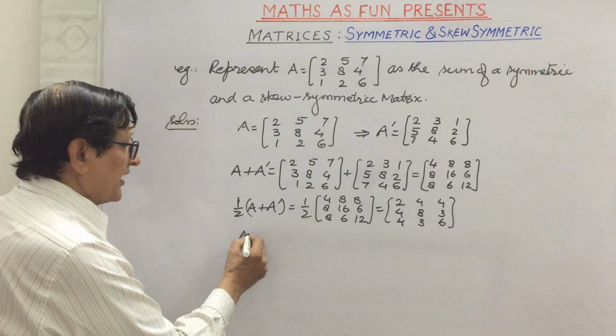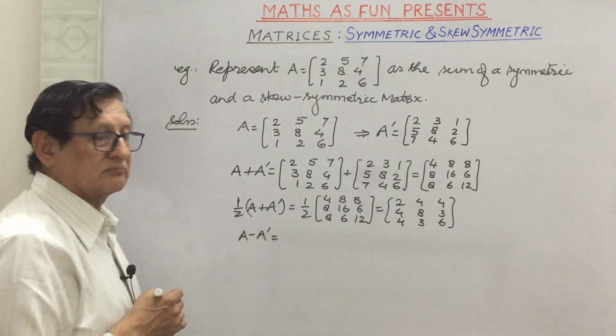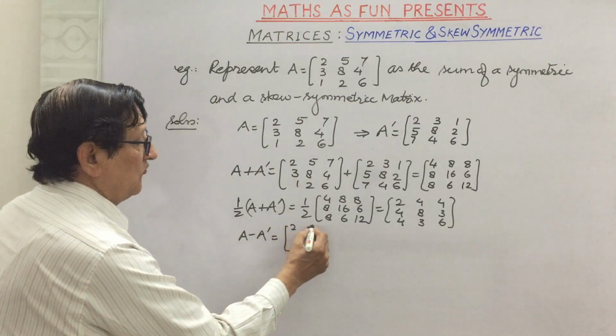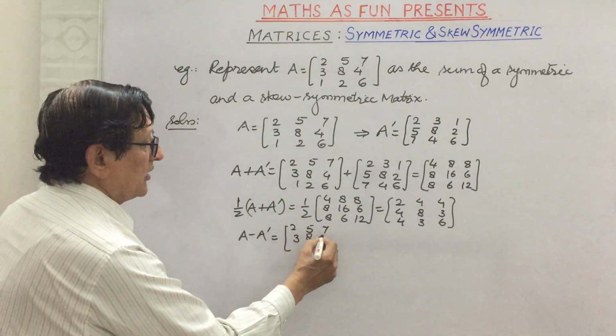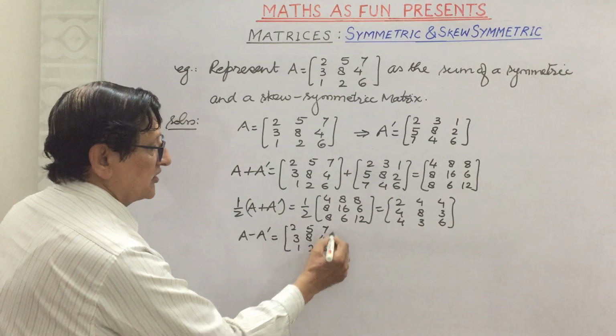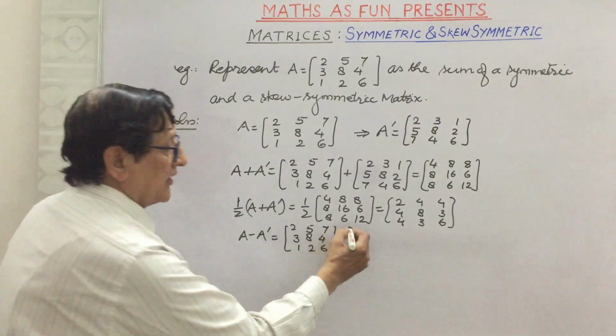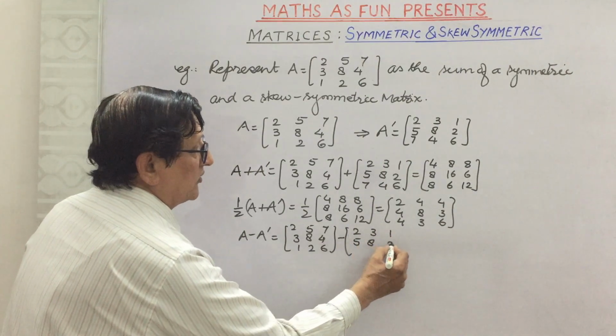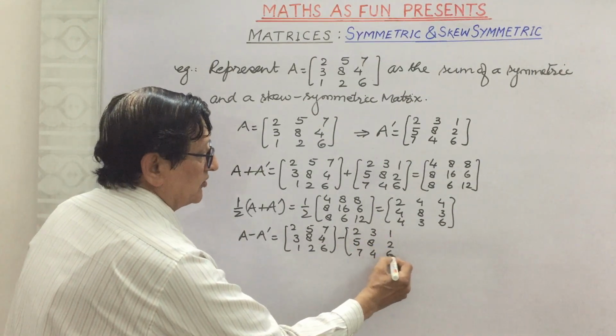Similarly, we now find A minus A dash, subtracting this. That is A, 2, 5, 7, 3, 8, 4, 1, 2, 6 minus A dash, 2, 3, 1, 5, 8, 2, 7, 4, 6.